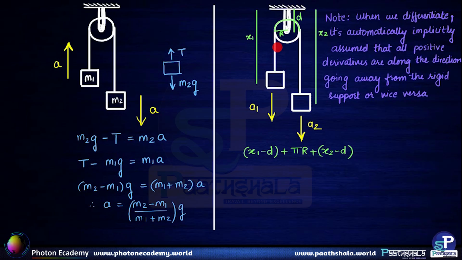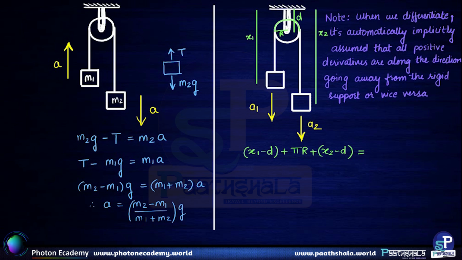This value is x1 minus d, this right hand side value of the length of the string is x2 minus d, and pi r is this much part of the length of the string. So the total length of the string happens to be x1 minus d plus pi r plus x2 minus d.